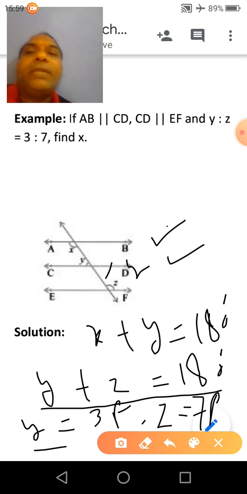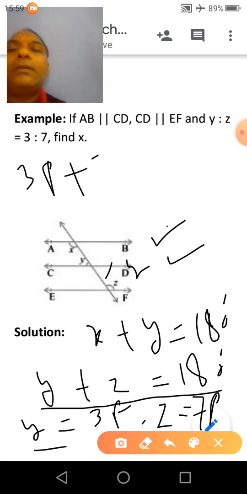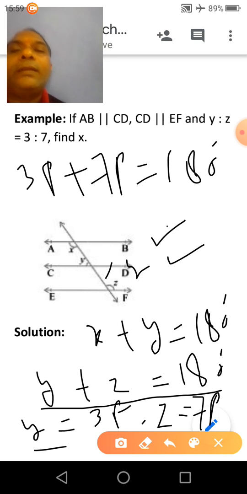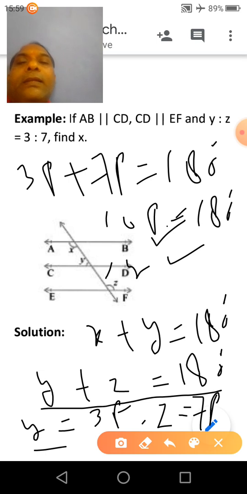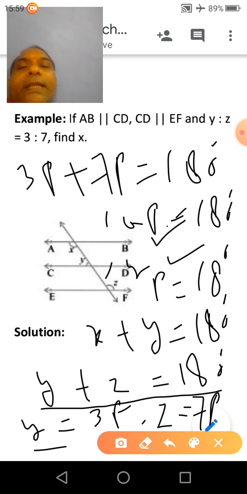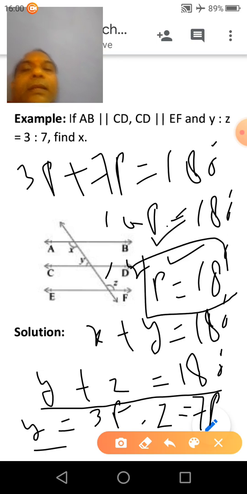So 3P plus 7P is equal to 180. So 10P is equal to 180 degrees. Then P is equal to 18 degrees. Clear?